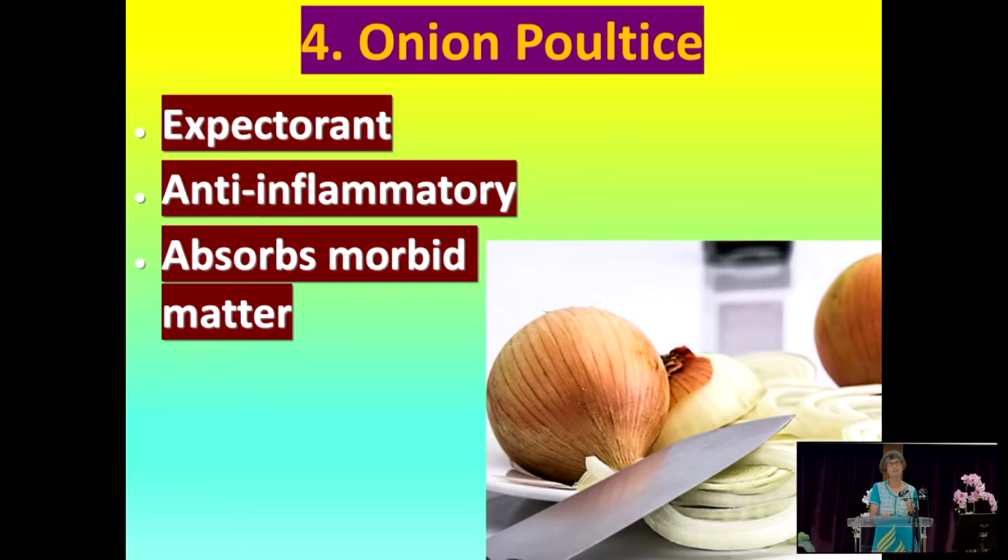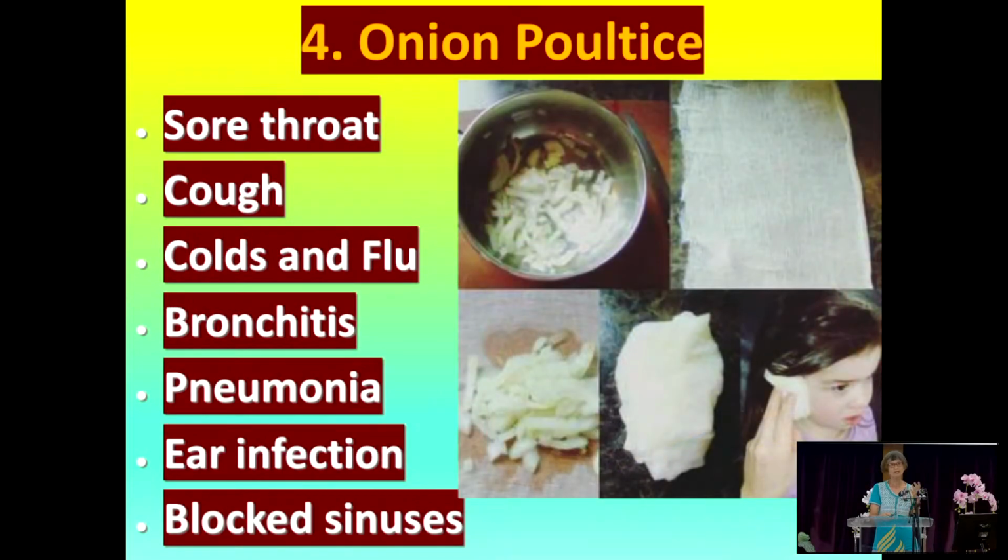As a poultice, it's very good, especially when you have heated it up slightly and then let it cool so that it's not too hot, and you can put it to your ear if you have an ear infection. Okay? It helps to absorb morbid matters. So you can use yellow onion or red onion, preferably not the white ones.